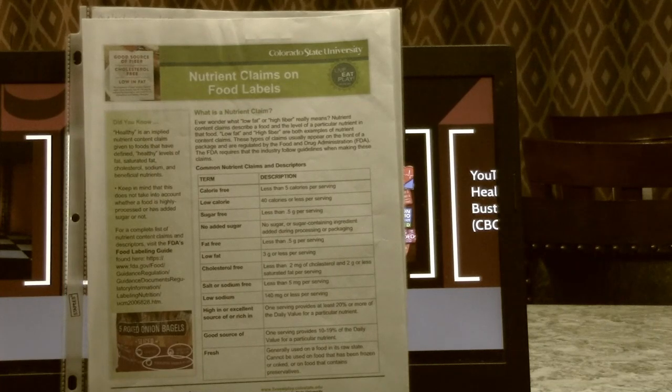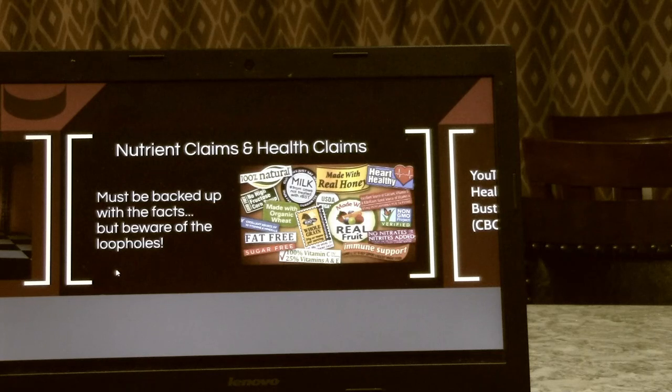I think they do a pretty good job of saying legally what has to be on the package, nutrient-wise, in order to use that claim on the front of the package. So this will help you do one of the other worksheets that we're going to do in just a moment. But that sheet is also on our middle page.